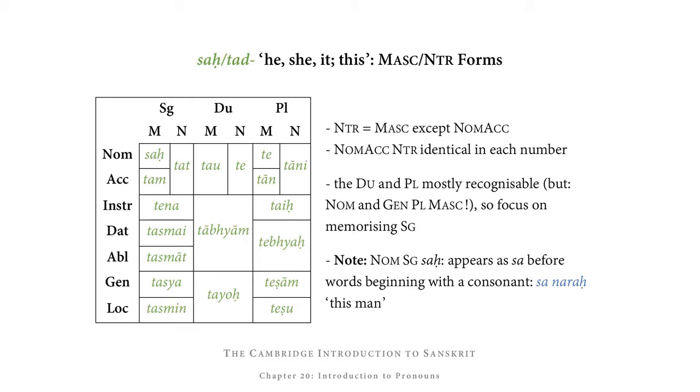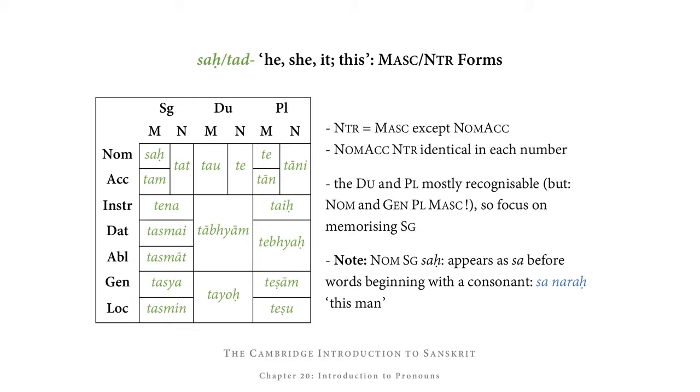In the nominative singular, we have a form that is nicely recognizable. It ends in aḥ, just like naraḥ. Then in the accusative singular, we have an ending am, that is just like naram, but we have a different stem. So we have a stem that begins with s in the nominative and a stem that begins with t in the accusative and all other cases. So that's something we need to remember.